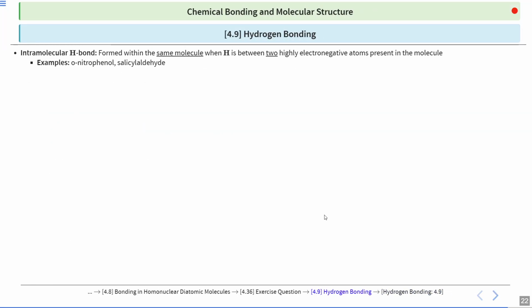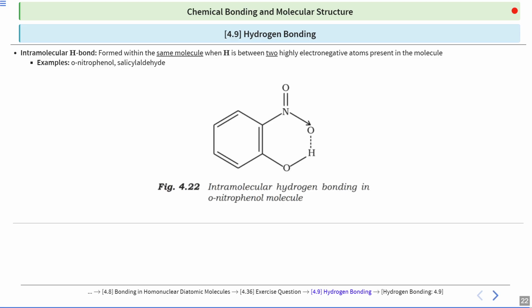Now let us look at the next type of hydrogen bonding, which is commonly seen in organic molecules, called intramolecular hydrogen bonding. In this type, the interaction is set up between the atoms of the same molecule. Examples are orthonitrophenol and salicylaldehyde. We have a diagram here to represent the same.